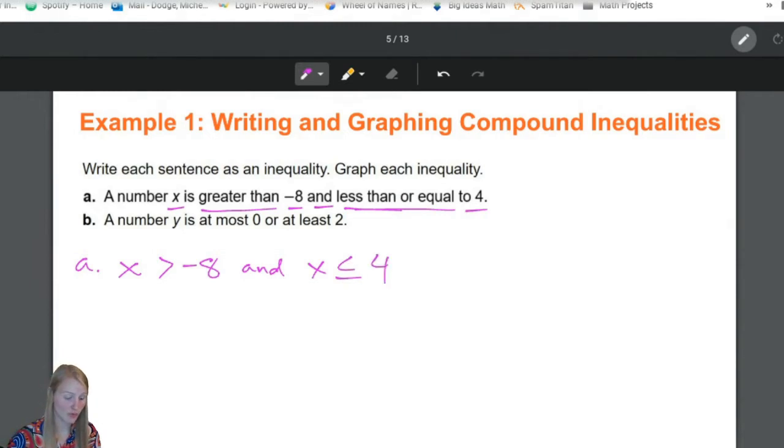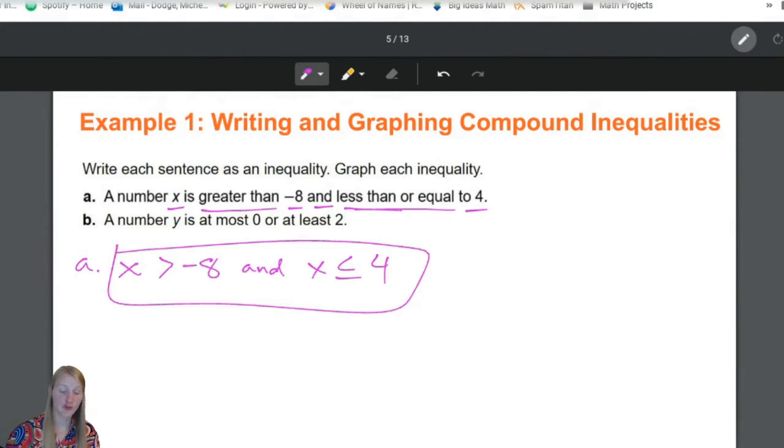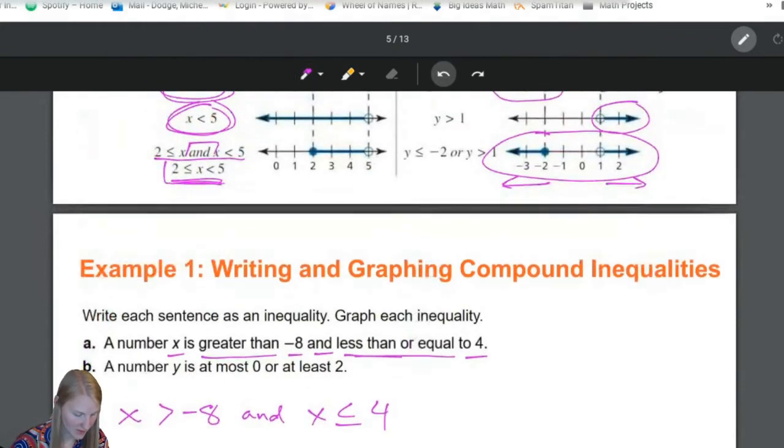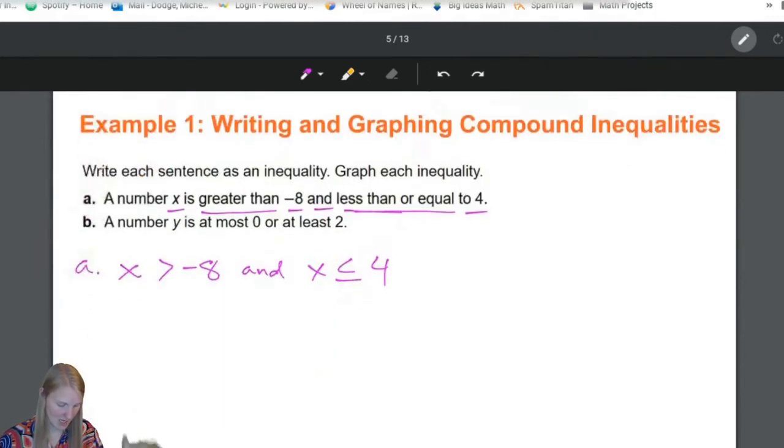Okay, so we can write it this way, and that's fine, but we can also write it like this, how we saw with that and. I like that a lot. And it makes it easier to graph too, kind of. So let's try writing it like that. That means we have x.